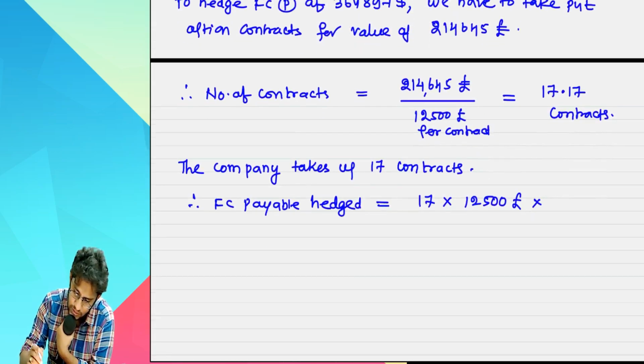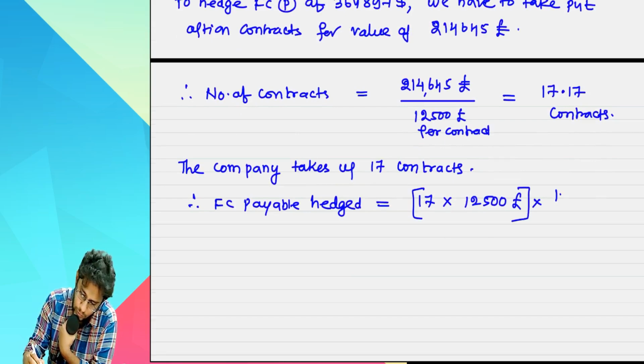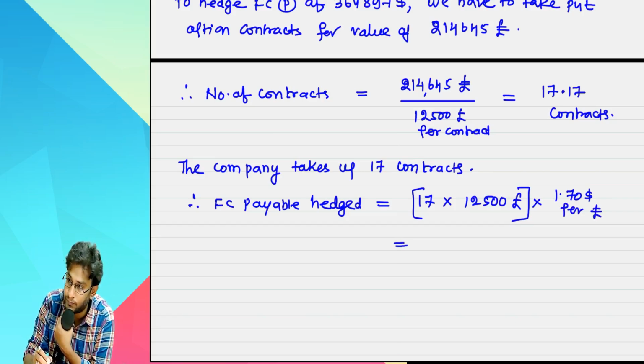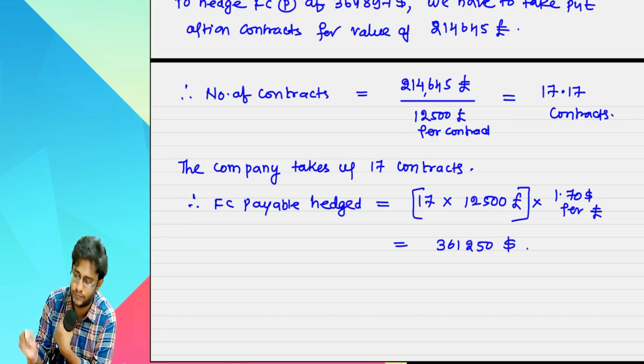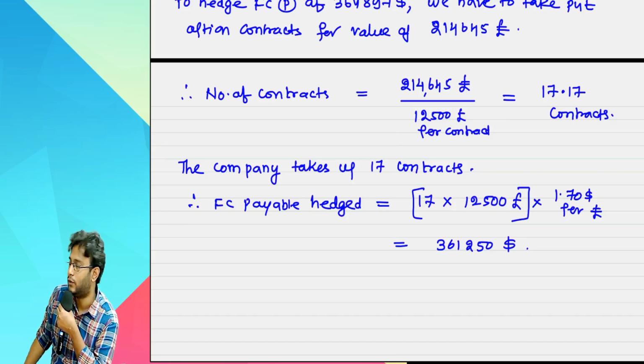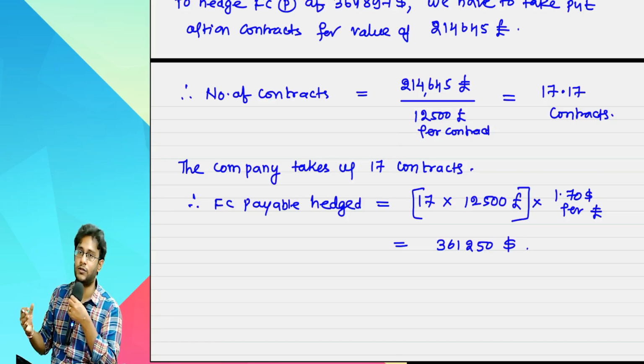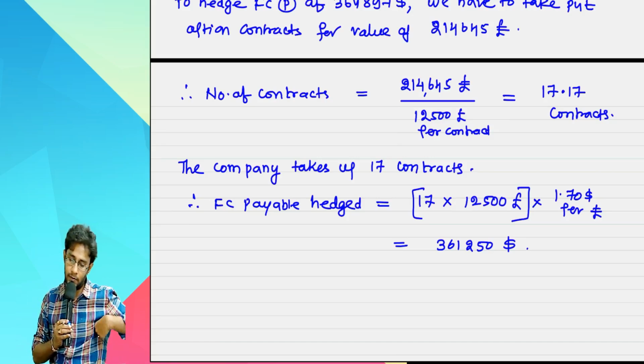Strike price 1.70, $1.70 per pound. That is $361,250. If you take this many contracts, it's as good as hedging this much of the FC payable.